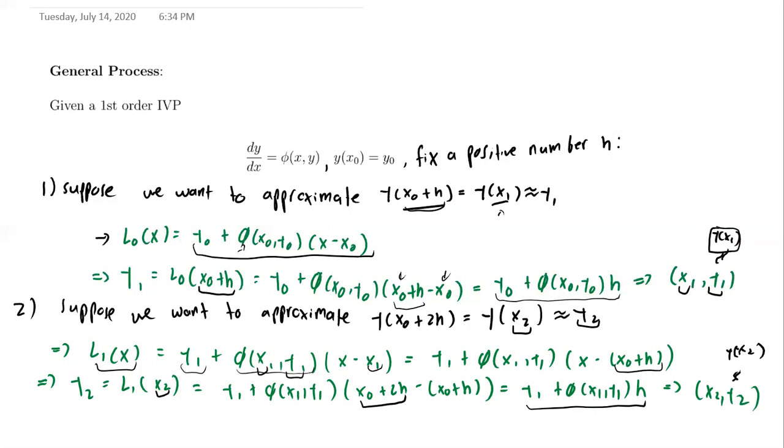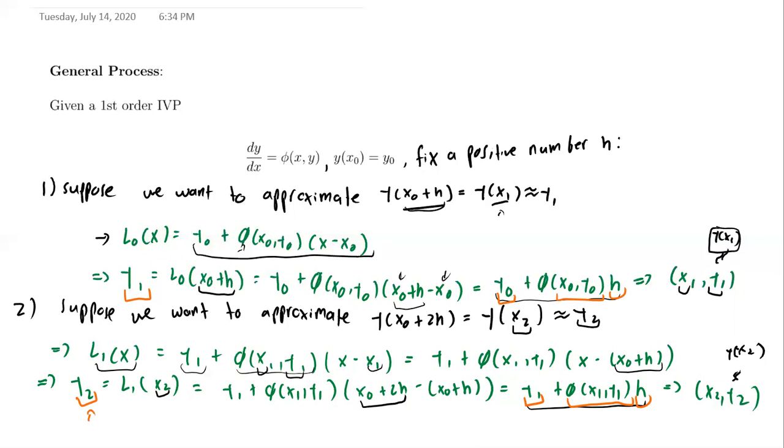Now, the pattern I want you to see is that y1 is given by y naught plus phi of x naught, y naught times h. y2 is given by y1 plus phi of x1, y1 times h. So what is this telling us?